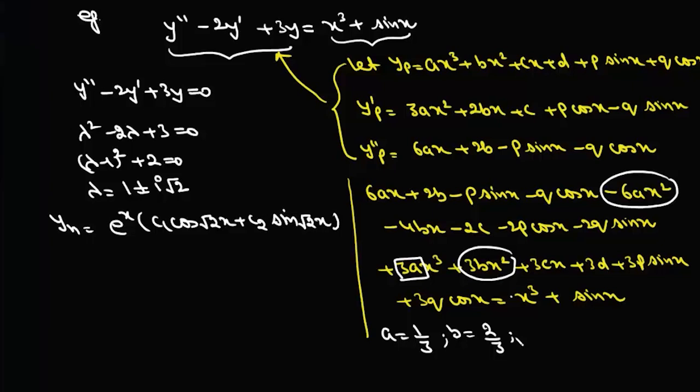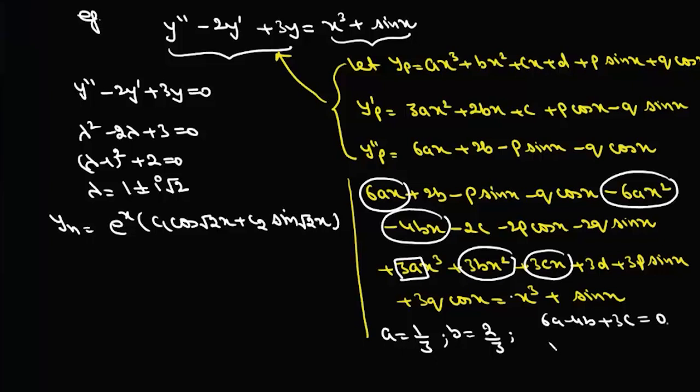Now we'll find the coefficient of x. So we have 6ax minus 4bx and 3cx. So we can write 6a minus 4b plus 3c equals to 0.